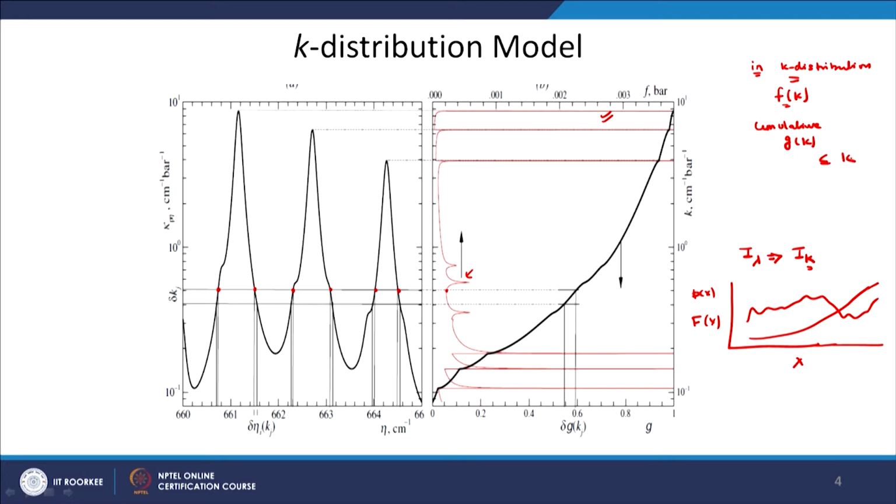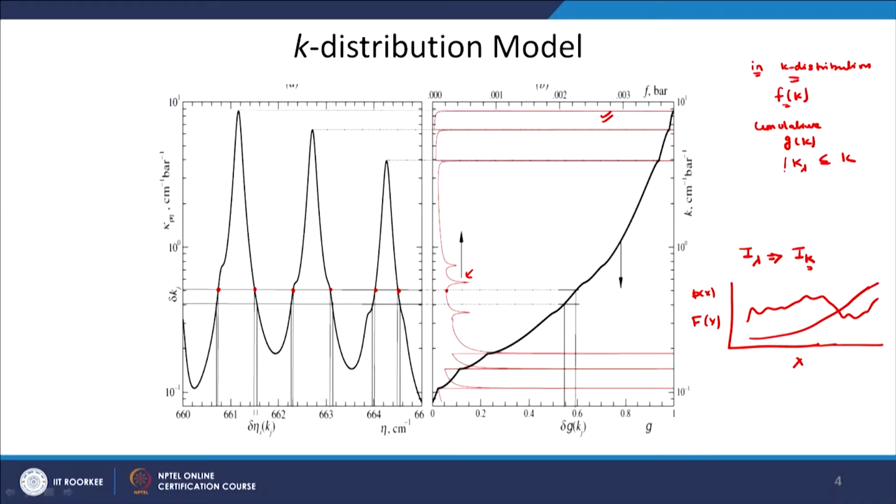So, that is the difference between the k distribution and the cumulative k distribution. The K distribution talks about all the values of lambda where kappa is equal to k, and the cumulative k distribution talks about all the values of lambda where kappa lambda is less than or equal to k. That is the cumulative k distribution, and you see this black curve varies very smoothly.